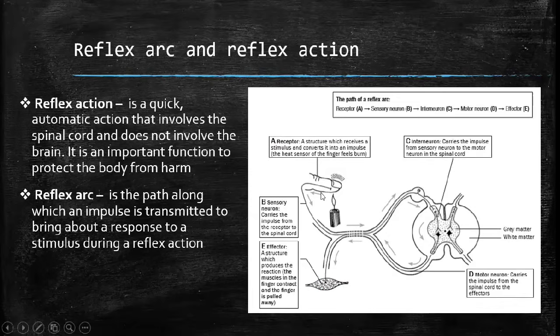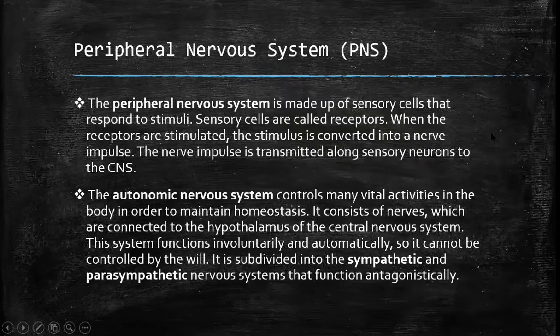In this case, you want to pull away your finger to protect yourself from getting hurt. That's it. That's the pathway: the receptor, the sensory neuron, the interneuron, then the motor neuron and the effector. That's it. Now, let us look at the peripheral nervous system.